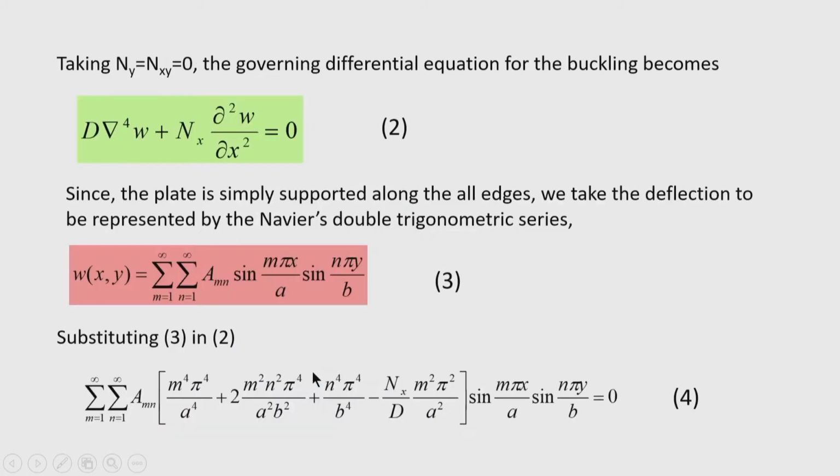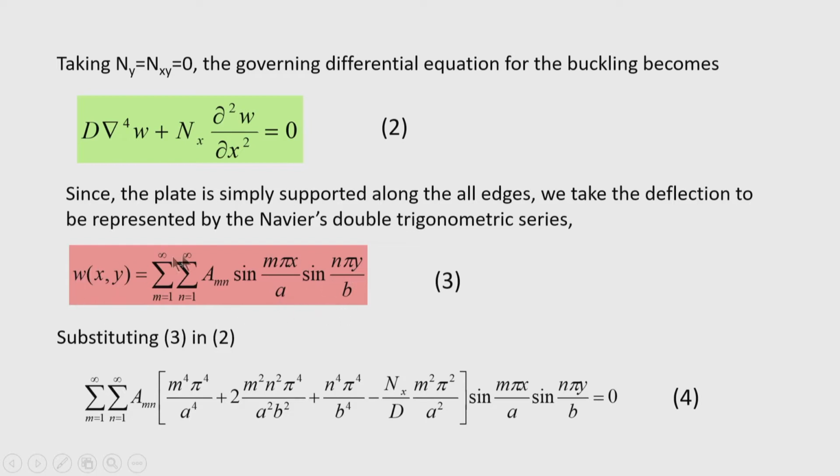So, therefore, this differential equation is a partial differential equation of 4th order with a constant coefficient. Now, taking the help of Navier's double trigonometric series, as expressed here, w of x y equal to double sum, m equal to 1 to infinity, n equal to 1 to infinity, a m n sin m pi x by a sin n pi y by b.